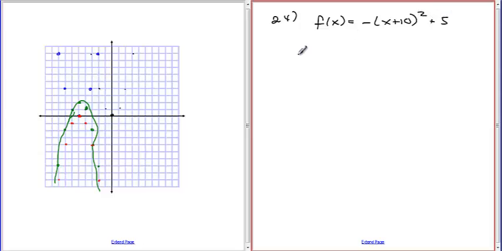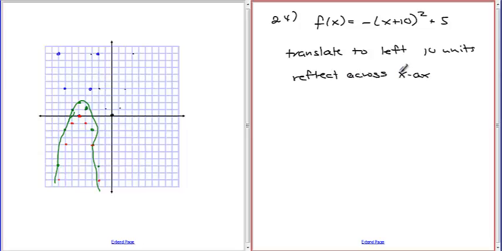So the same thing, you're going to translate to the left 10 units, reflect across the x-axis, translate up 5 units.